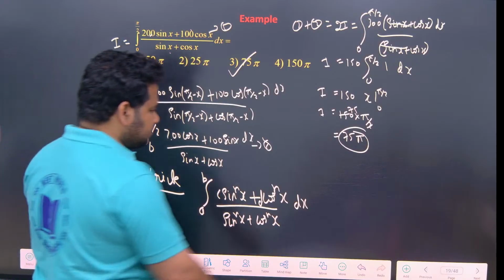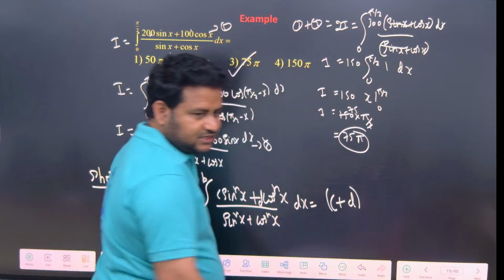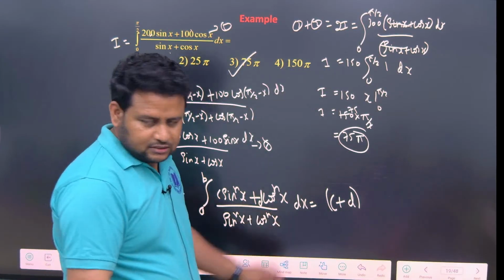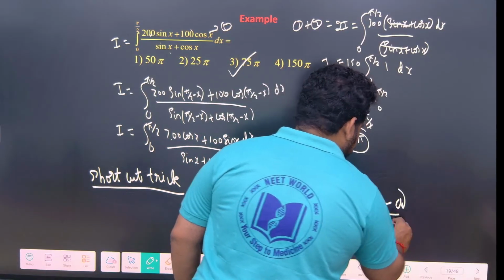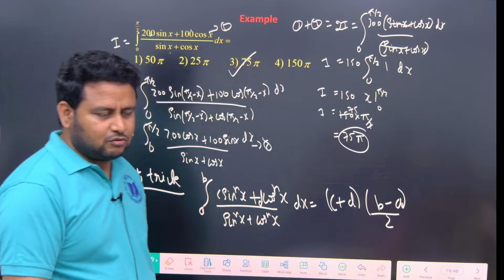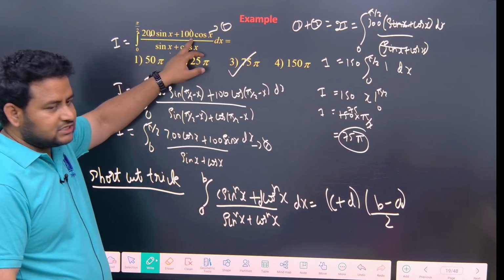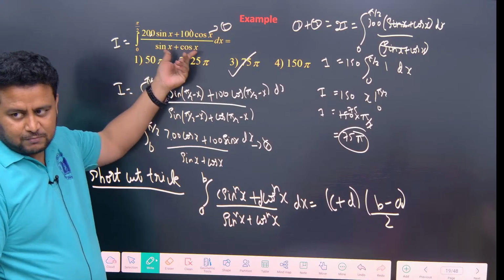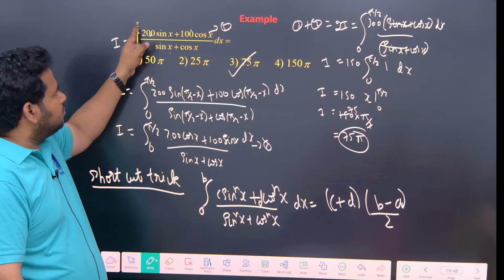What you should do is, first write C plus D, this constant you should add. Next, b minus a by 2, upper limit minus lower limit divided by 2. Now here C is 200, D is 100, n is 1, a is 0, b is pi by 2.